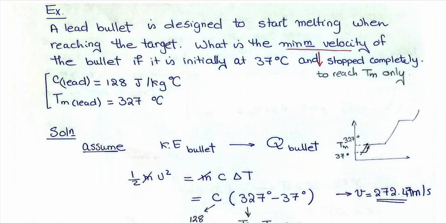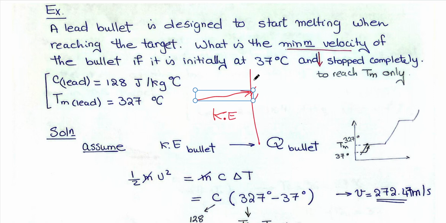Another example is changing from one kind of energy to another. In this example, we have a lead bullet moving with kinetic energy. When reaching a target, it will stop.